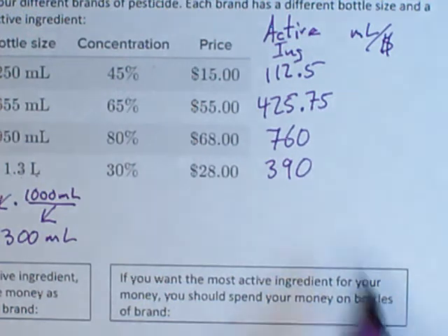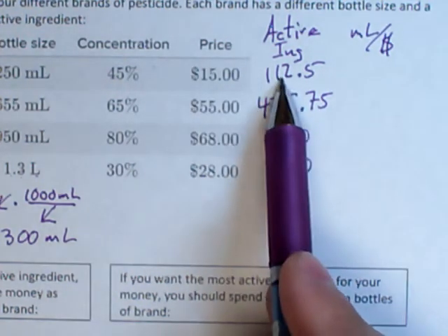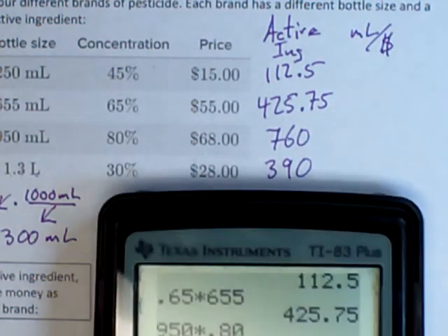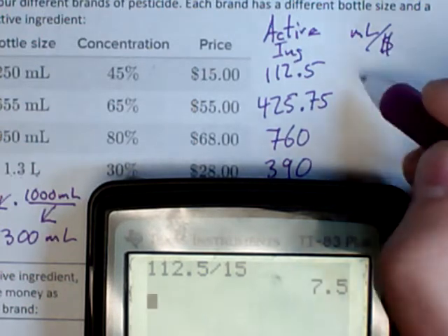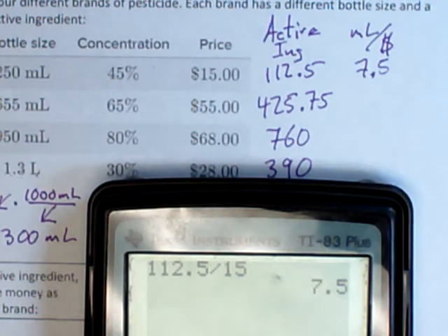If I take the active ingredient and divide it by the price, I'll know how much I'm getting for each dollar. So let me do that here. I'm going to do 112.5 milliliters divided by $15, which gives me 7.5 milliliters per dollar for brand A.